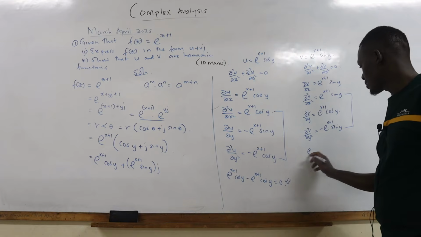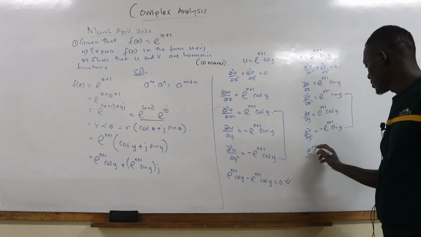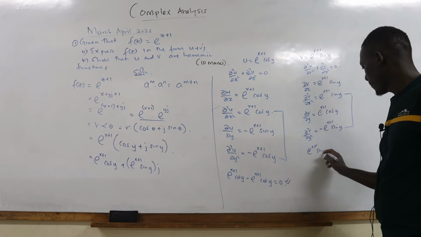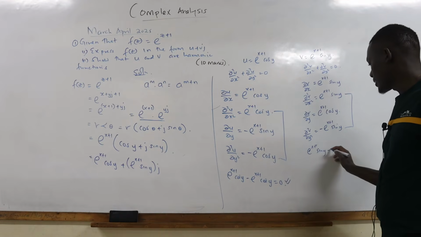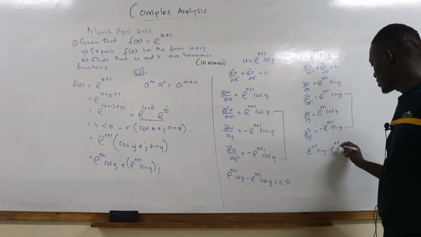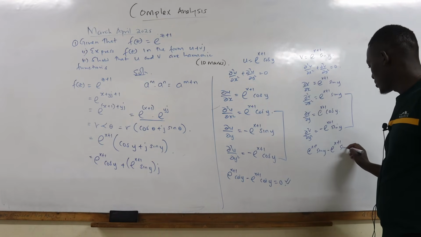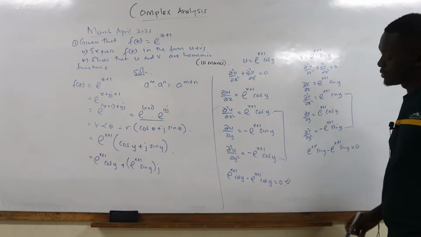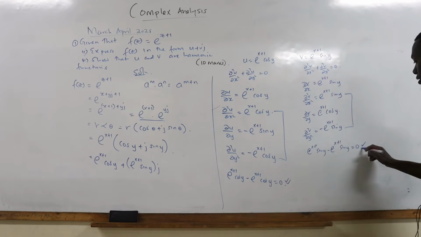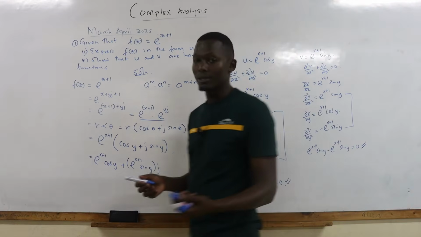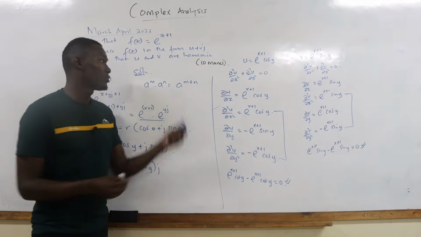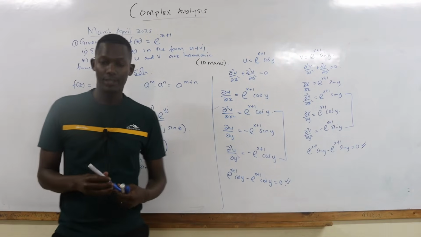So when you add the two, it becomes plus then minus, so negative x plus 1 sine y cancels, and when you add the two, therefore it is also 0. Therefore u and v are harmonic. As easy as that, and you get yourself some good 10 marks.